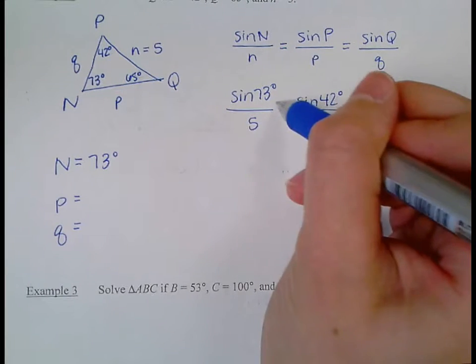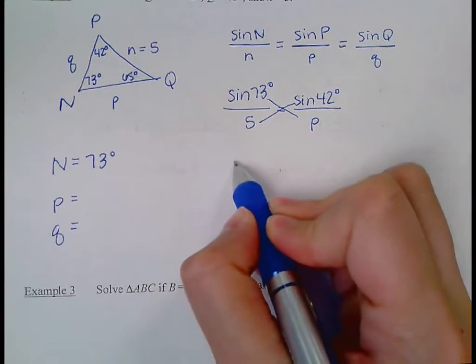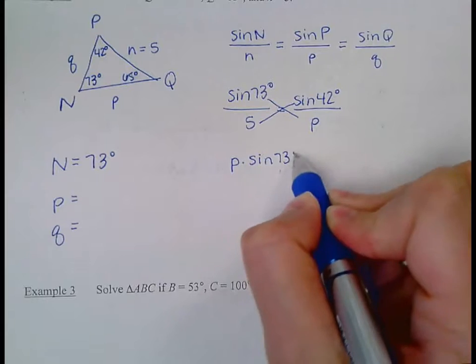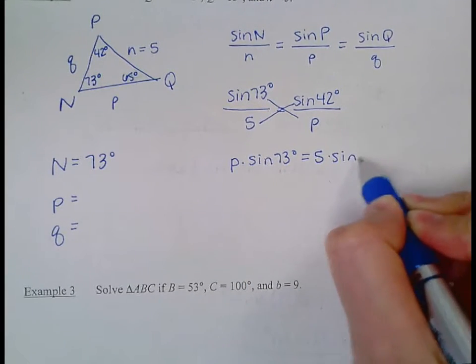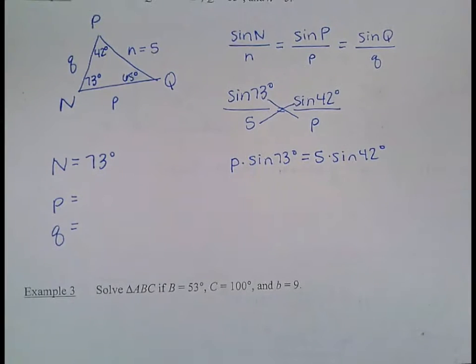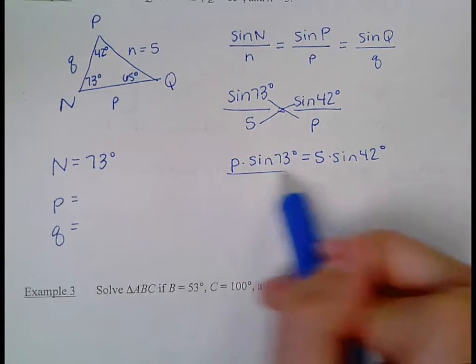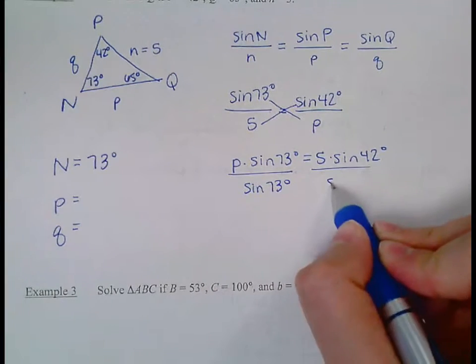So solving the proportion, set the cross products equal to one another. I would have p times sine of 73 degrees is equal to 5 times sine of 42 degrees. And then to solve for p, I can divide each side by sine of 73 degrees.